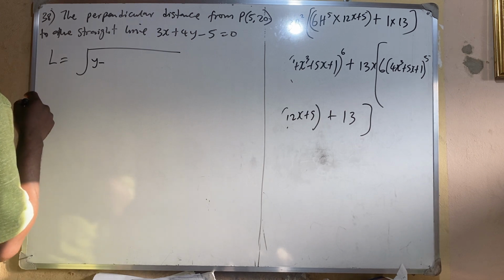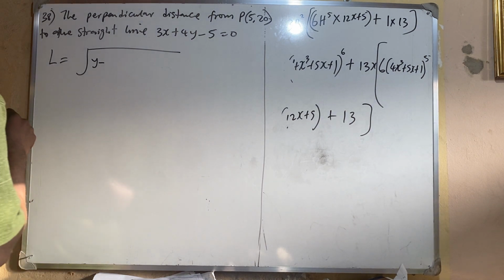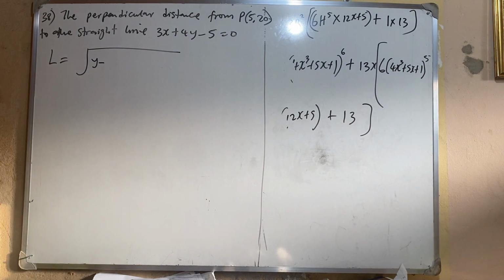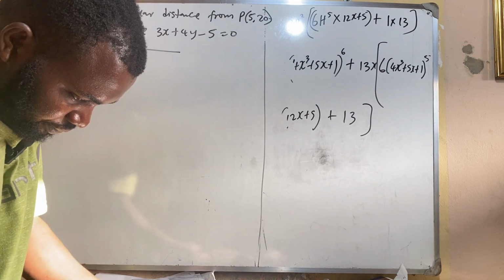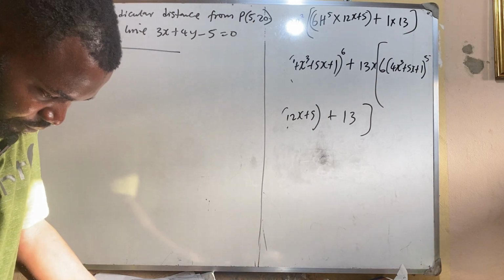y minus... A, B, and C. Can I remember the formula? The perpendicular distance between a straight line... Let me remember the formula.